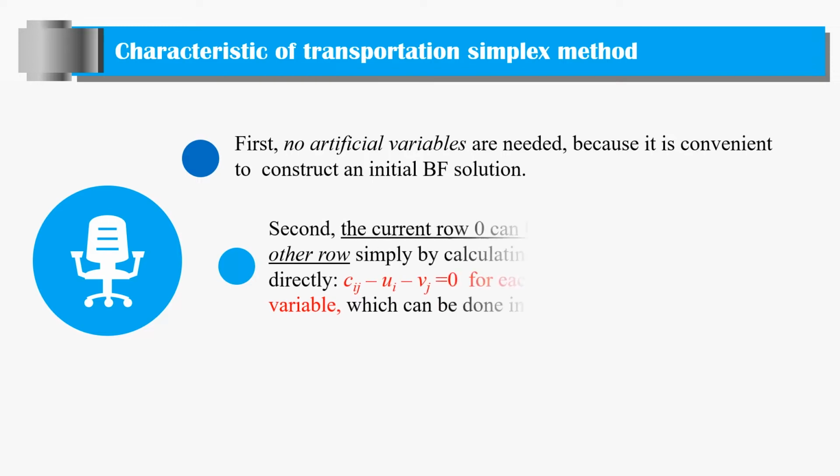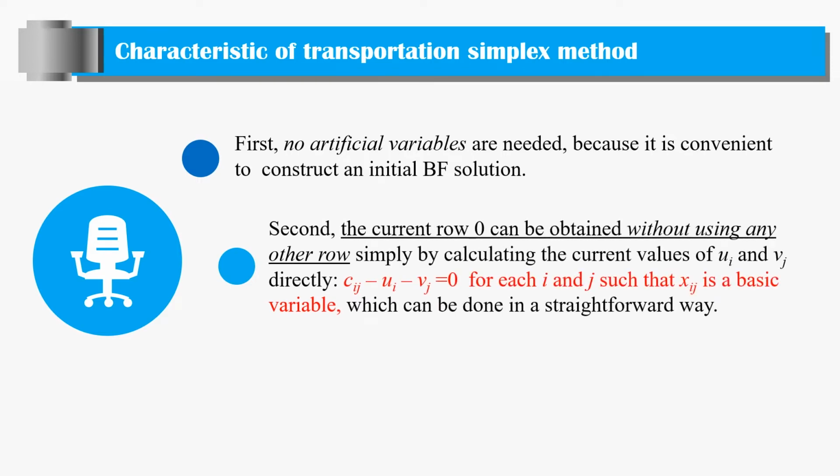Second, the current row 0 can be obtained without using any other row, simply by calculating the current values of ui and vj such that xij is a basic variable, which can be done in a straightforward way.